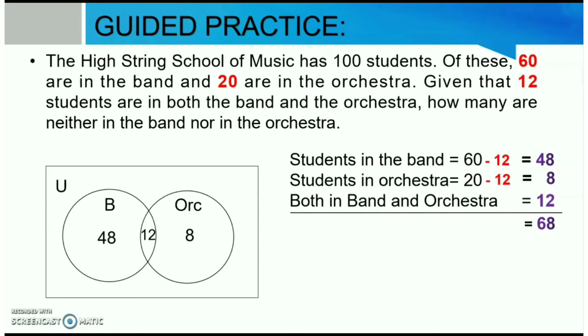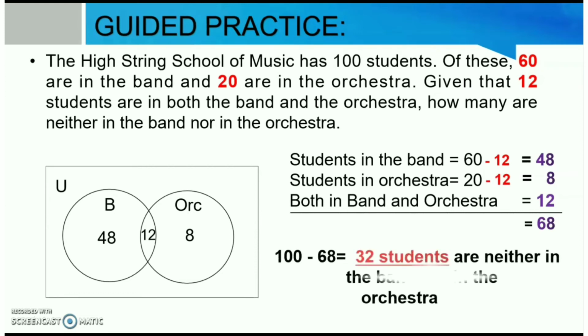Okay, ang tanong, ilang estudyante daw ang wala sa banda at wala rin sa orchestra? Okay, since ang universal set natin is 100 students, so isusubtract natin ngayon yung 100 dito sa 68 para malaman natin yung hindi nagbabanda o nag-orchestra. So, 100 minus 68 is equal to 32 students. So, 32 students are neither in the band nor in the orchestra.